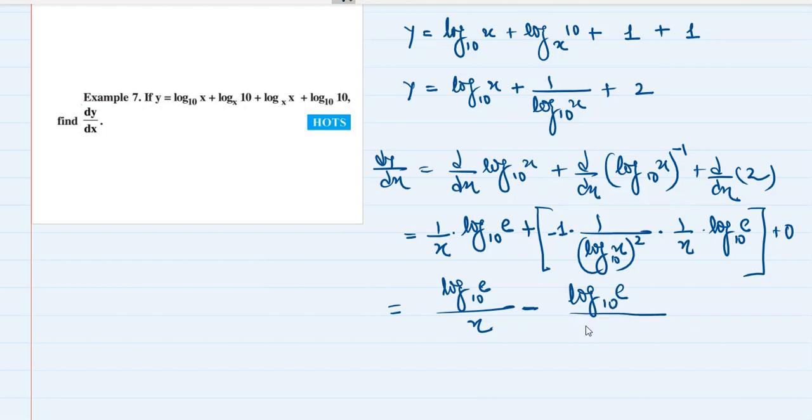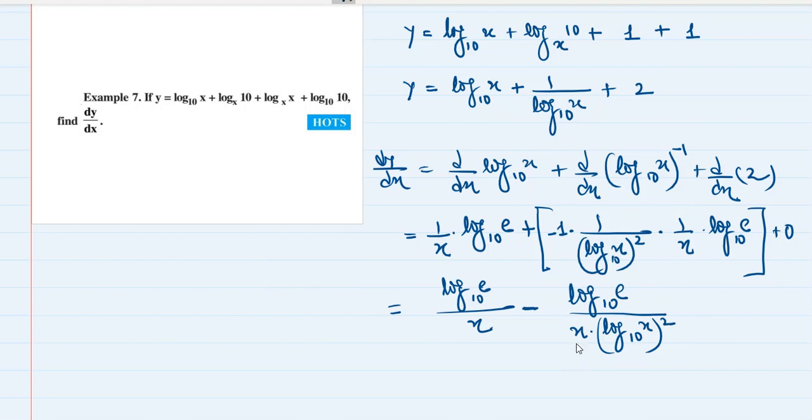And in the denominator, I'm going to get x multiplied by log of x to the base 10 the whole square. Okay, great.